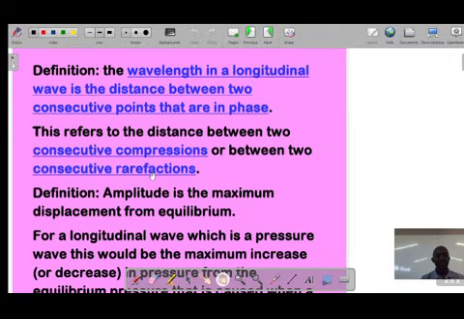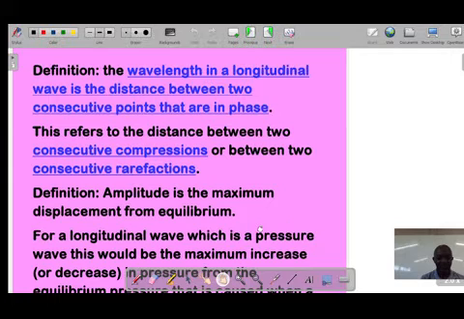Remember with transverse waves we talked about crests and troughs, and the wavelength was the distance between two consecutive crests or two consecutive troughs. In this case, the compressions are like the crests and the rarefactions are like the troughs. So the distance between two consecutive compressions, or between two consecutive rarefactions, is called the wavelength.